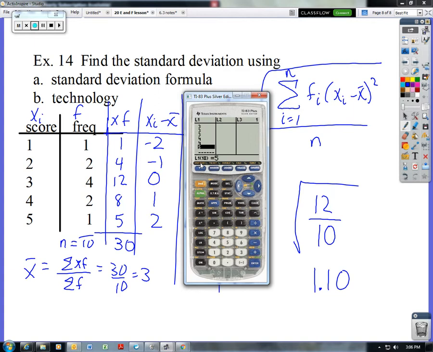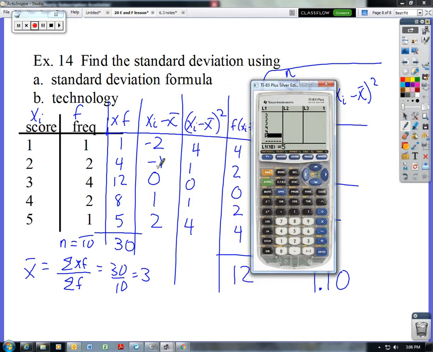If you have a lot of data, like in some of these examples in the book, where they have 13 of one item and 20 of another, you have to type that number in 20 times or 13 times. I tried one of those examples using this table, because you can make L1 be the X, put the frequency in L2, do XF in L3, and so on.